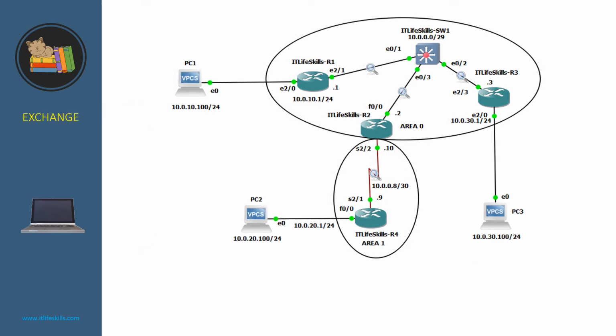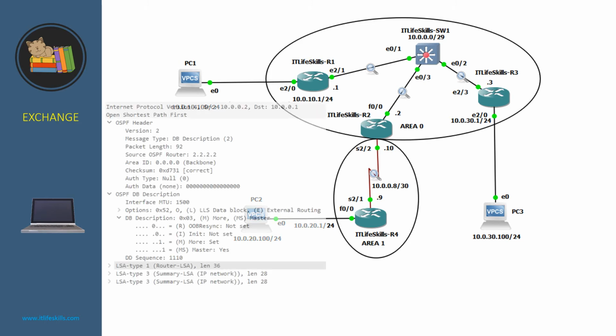After deciding which router is the master, the two routers advance to the exchange state to exchange the database description packets to describe their local link state databases. Here is the database description packet that router 1 received from router 2.